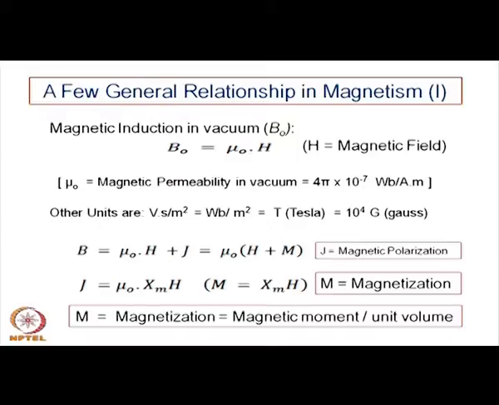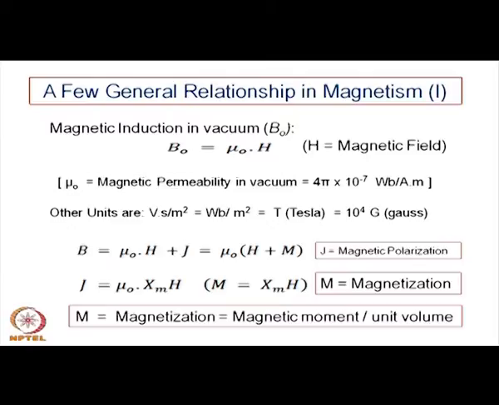The subscript 0 denotes vacuum here again, and it is a constant with a value of 4 pi into 10 to the power minus 7 Weber per ampere meter. Now, there are various different units used not only for this particular parameter, but in the context of the magnetic behavior or other parameters in magnetism.